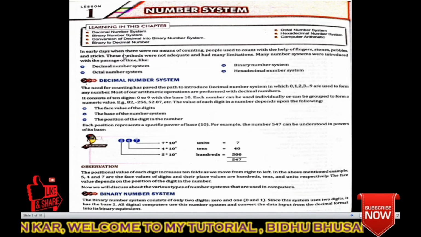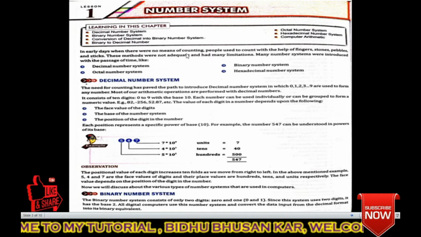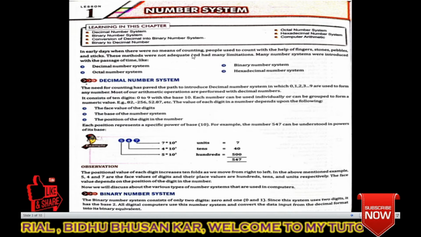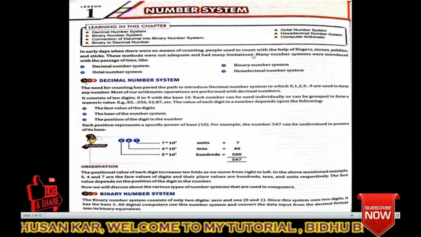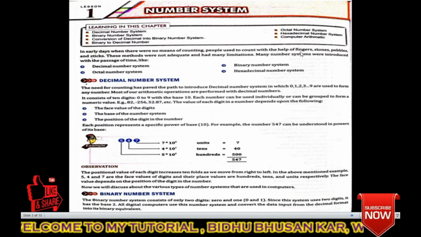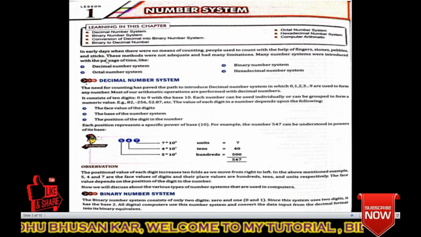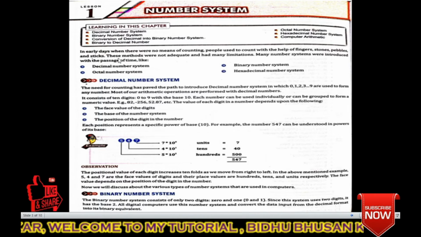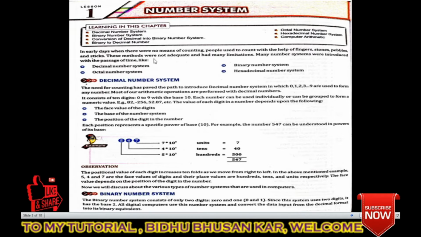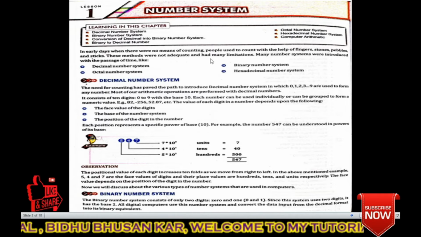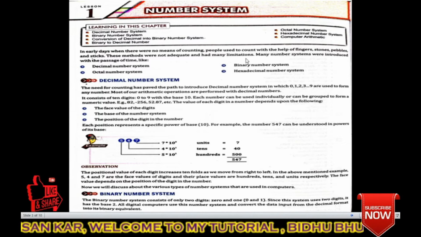In early days, when there was no means of counting, people used to count with the help of fingers, stones, pebbles and sticks. Right? These methods were not adequate and had many limitations.